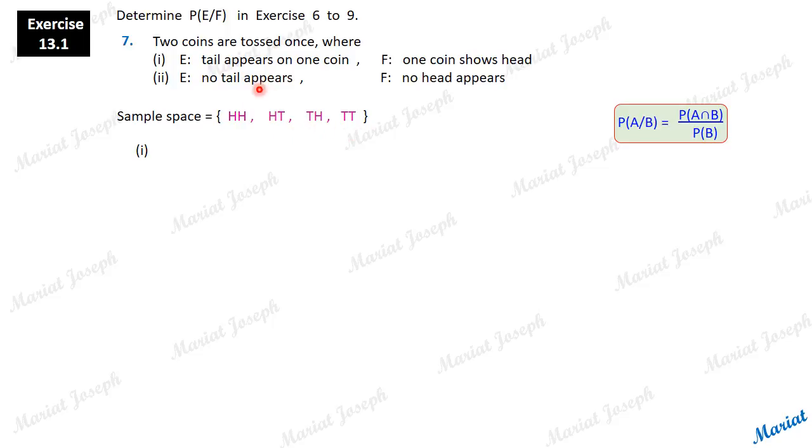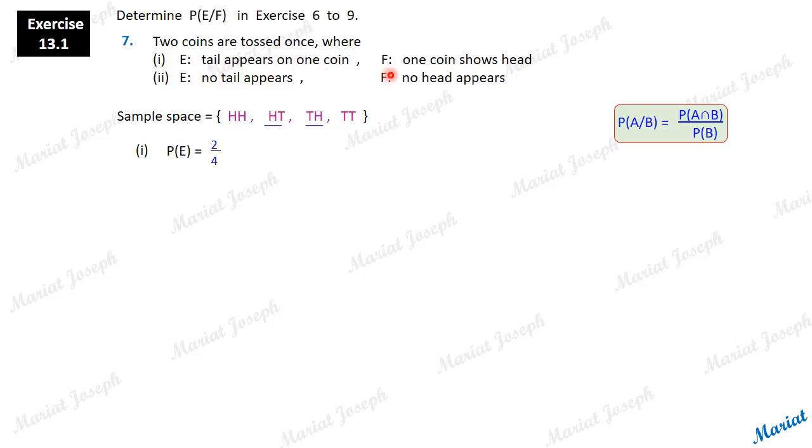Now, probability of E, tail appears on one coin. So probability of E will be 2 upon 4. These are the 2 outcomes favorable to this condition.